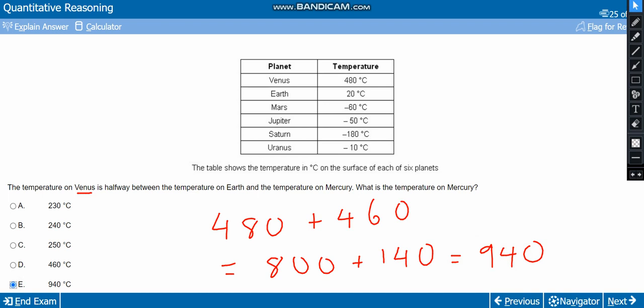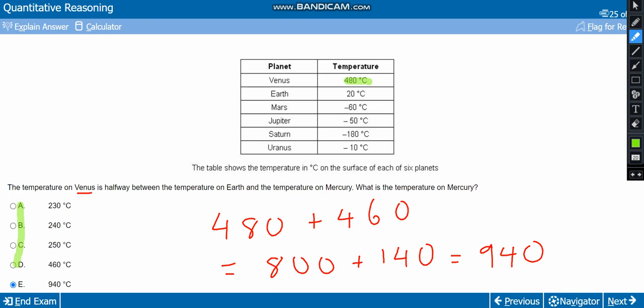However, I should just add that there would have been a much more strategic way of answering this question. If we look at all the other answers, A, B, C, and D, we can see that these values are less than 480.